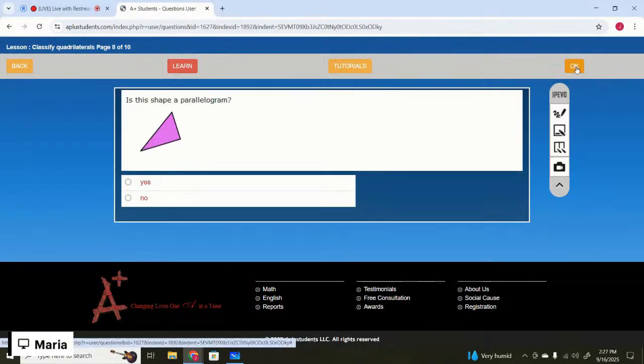Is this shape a parallelogram? No, that is a rectangle.